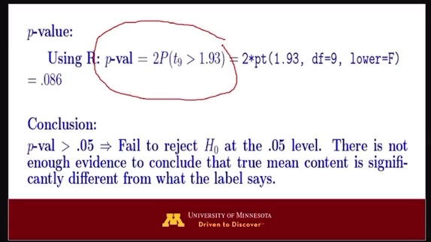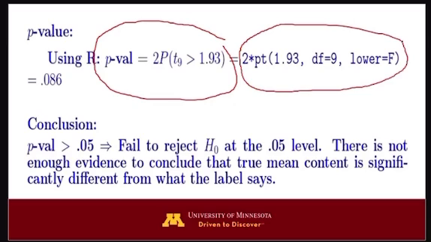Now, how am I going to implement this in R? If I want to implement this in R, this is the code. Because I want to get a p-value. We normally get a p-value when you are conducting hypothesis testing. I'm actually going to use pt, p-value for t. And that's why you see a pt. The very first number is going to be the value, your test statistic value, 1.93.